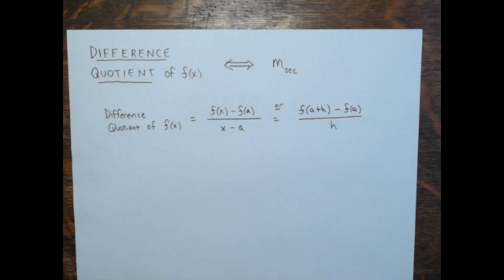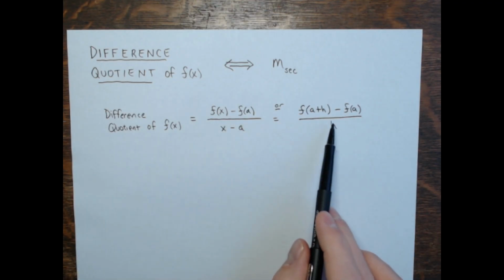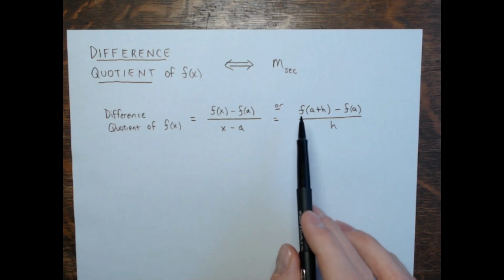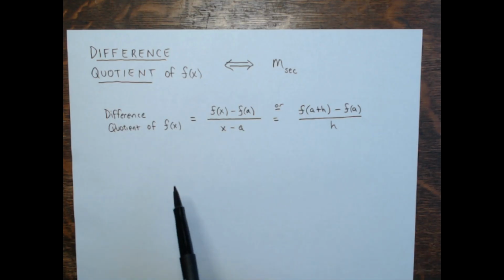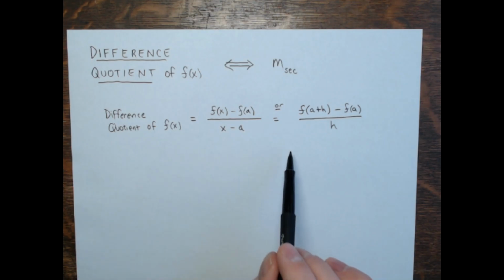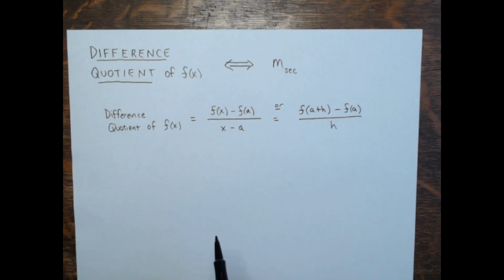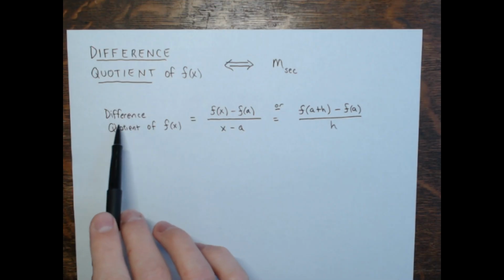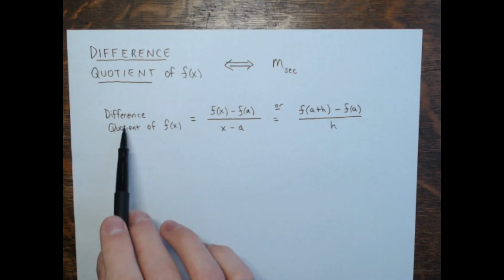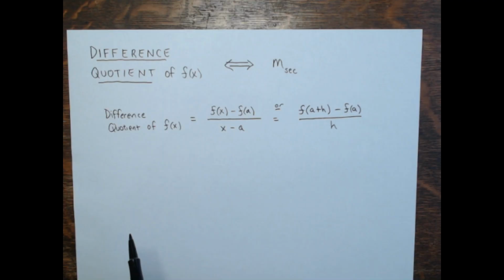Remember these two expressions kept coming up. These represented the slope of a secant line, right? From the point at a to the point at x, or from the point at a to the point at a plus h. And the words difference quotient are just some fancy words for the same thing.